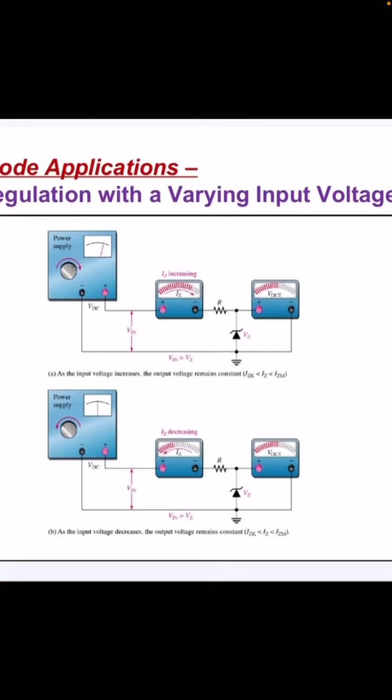The output of the power supply is a DC voltage, and this DC voltage is fed to the Zener diode, and if the input voltage, the output of the power supply, increases or decreases, in both cases the output of the Zener diode remains constant. This is the property of a Zener diode in the regulation of voltage.